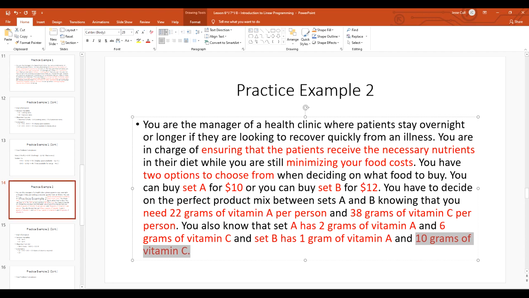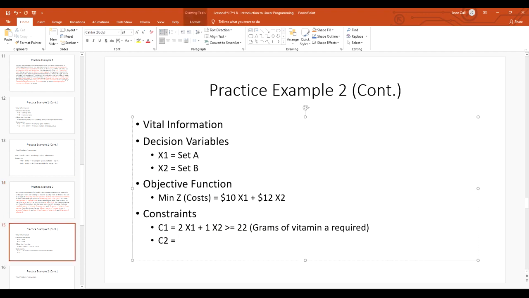We require a minimum of 38 grams of vitamin C. We know there are 6 grams of vitamin C in set A and 10 grams of vitamin C in set B. So we can go in and we can write our second constraint.